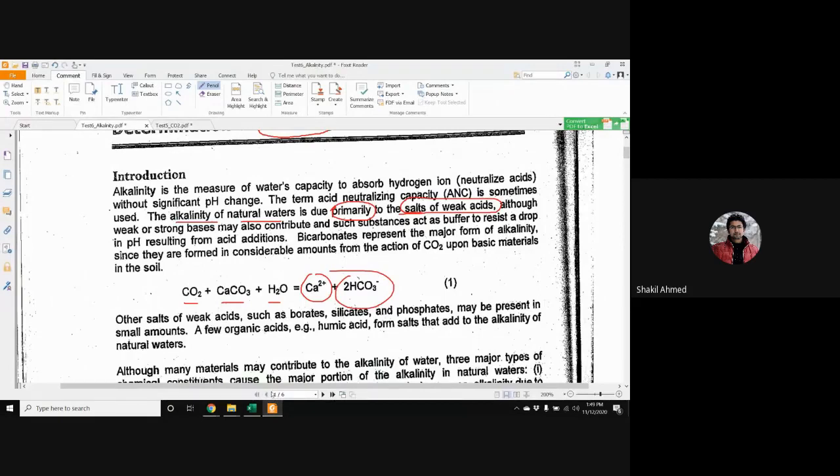Calcium bicarbonate basically. So this is actually alkalinity. Are you following me?